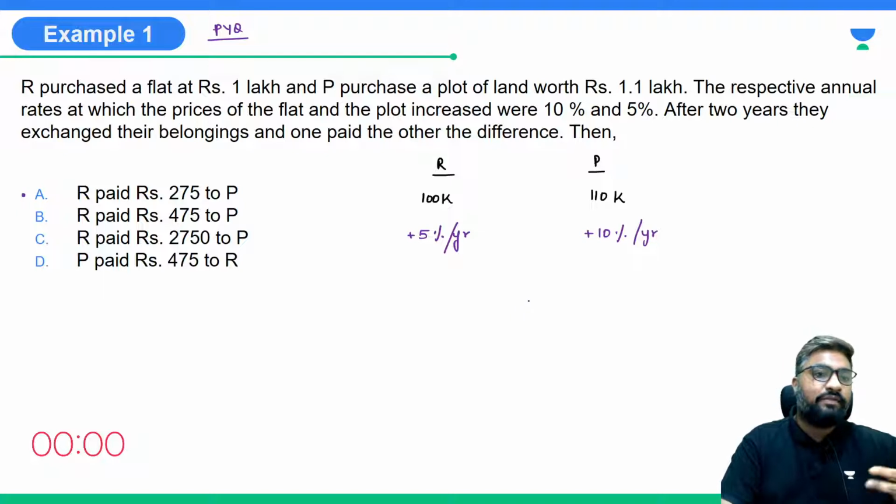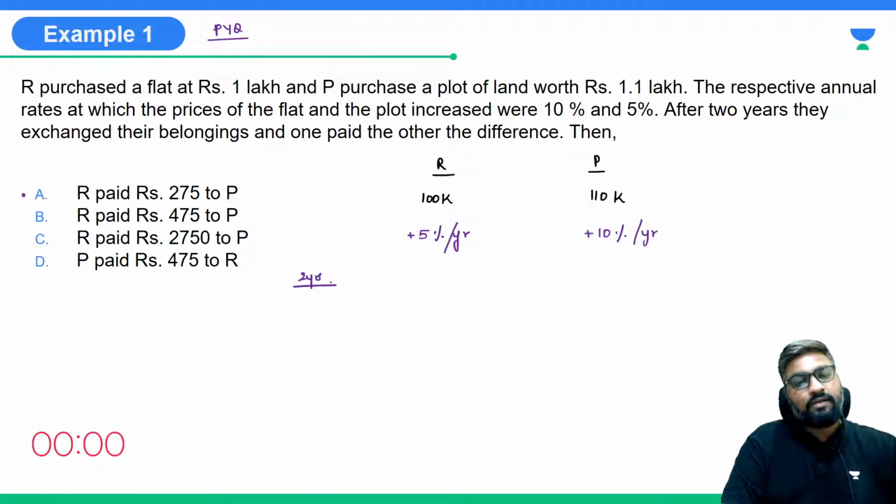They're saying after 2 years if they exchanged, so first let's find out after 2 years what happens. 100,000, first a 5% increase, which became 105, then another 5% increase.